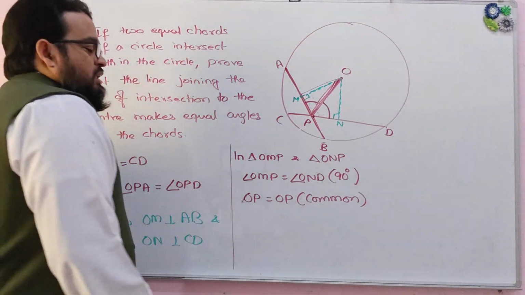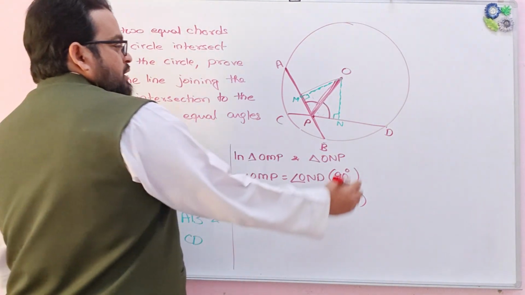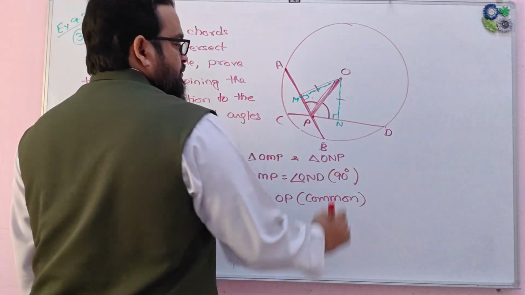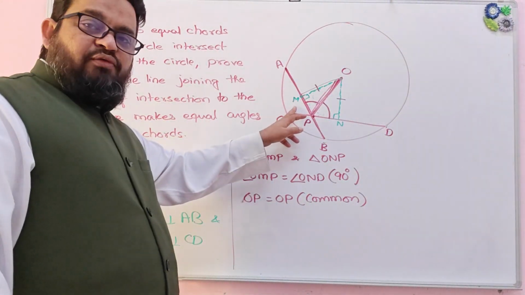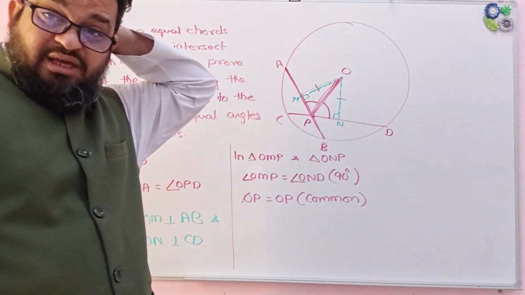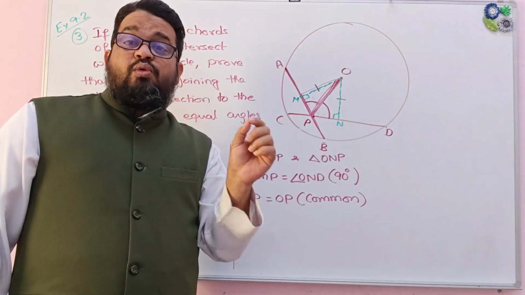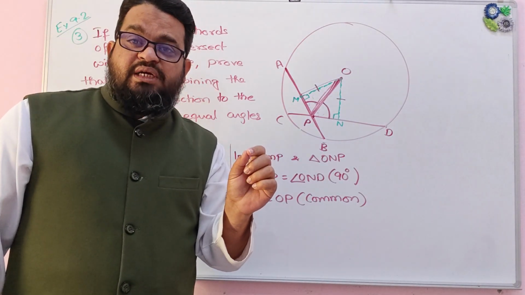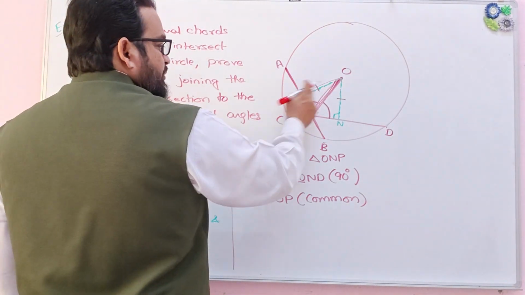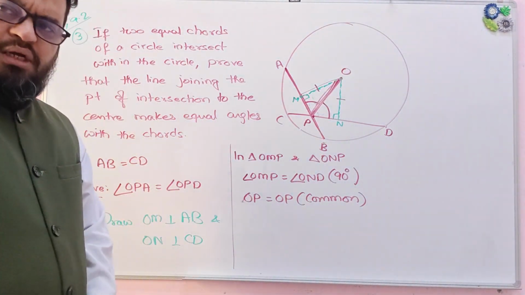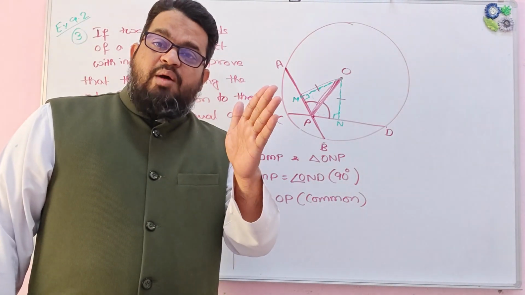And then what else do you feel that they are equal? Are the perpendiculars drawn from the chord to the center equal? What is the theorem? The equal chords are equidistant from the center. This is the theorem which we have learnt. So that means OM is equal to ON. Whenever you are finding a distance, you have to draw perpendicular lines.